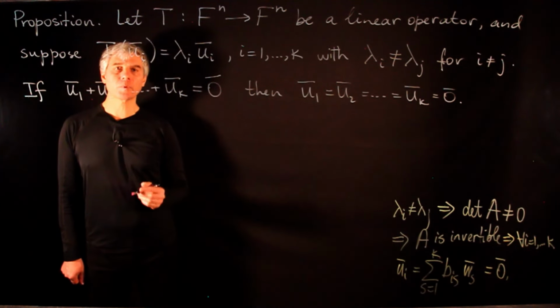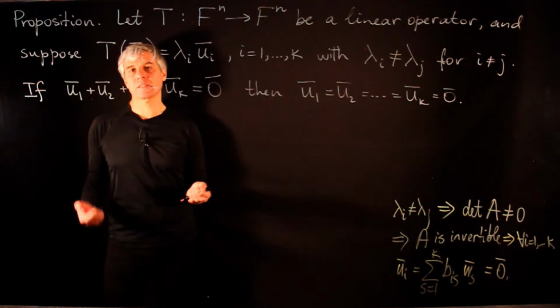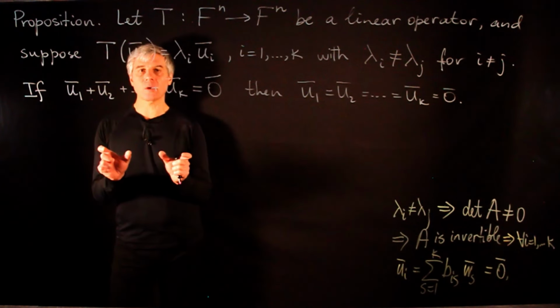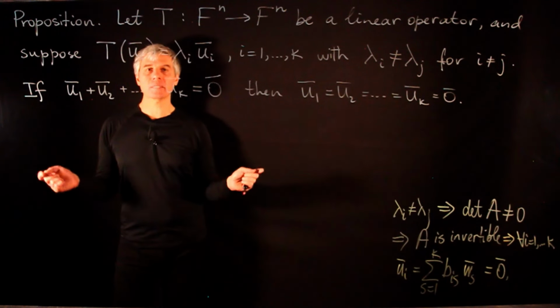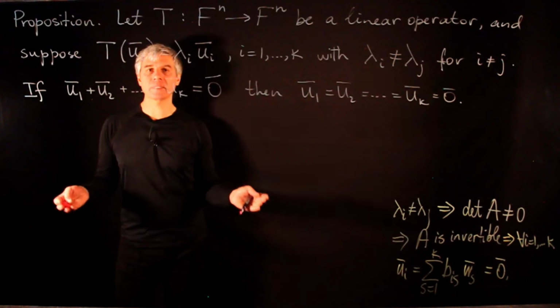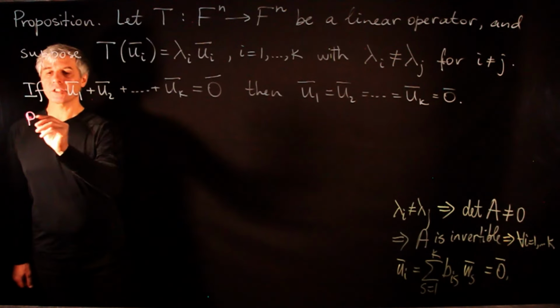Next, we're going to prove a proposition that says that when we join bases of eigenspaces, the resulting large set is going to be still linearly independent. Proposition.